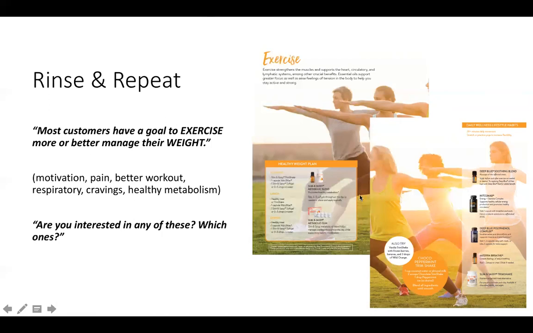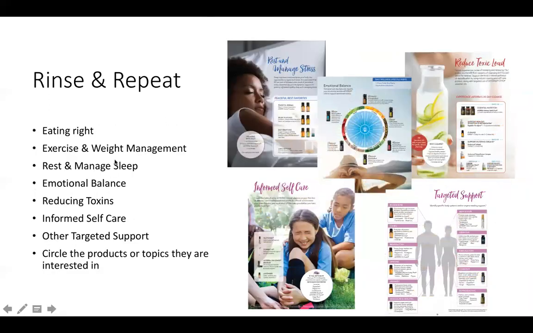Yeah, I've been wanting to exercise more, but my knee hurts, so this is definitely something I'd want. And so you just kind of circle some of the products that they would be interested in. And you'll go through, just quickly through the different pages in the Live Guide to give them some ideas of what other products are available, but you don't want it to be overwhelming. So that's why you're just kind of scanning through quickly.